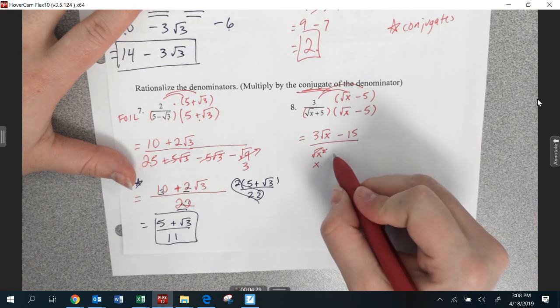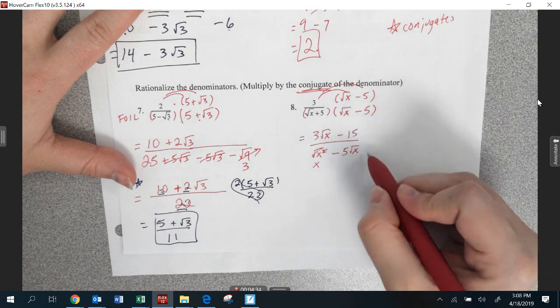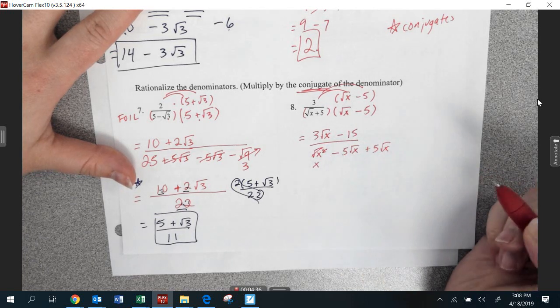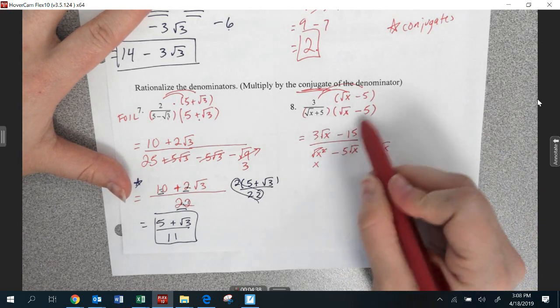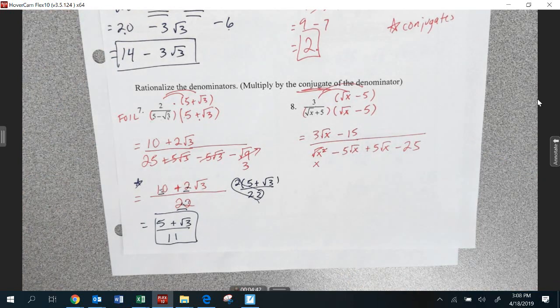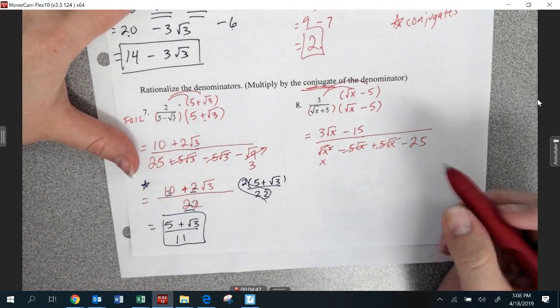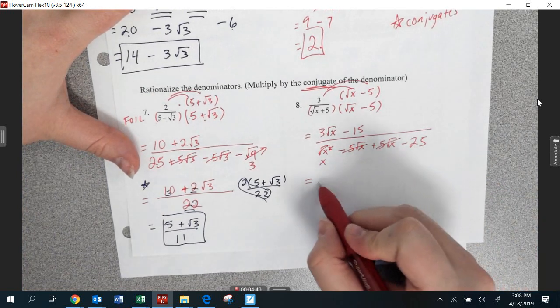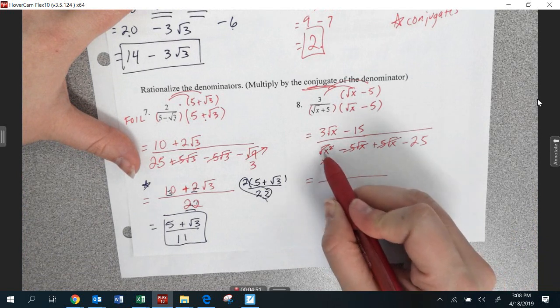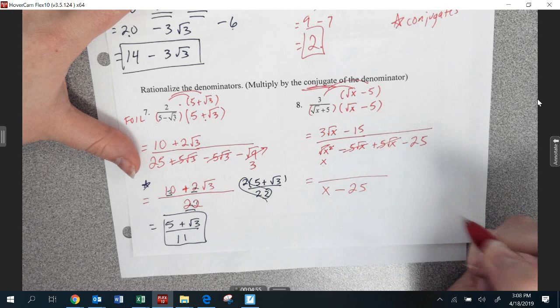For my outsides, I'm going to get negative 5 square root of x. Insides, I'm going to get plus 5 square root of x. And then my lasts, I'm going to get negative 25. Just like we anticipated, the two inside terms are going to cancel out. And like I talked through here, this would simplify down to just x, just the variable x.